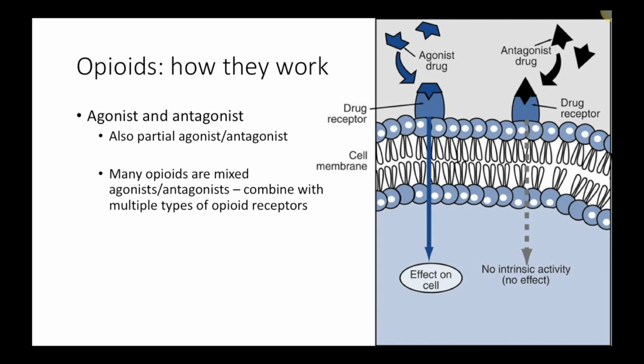It can take up a ton of the available opioid receptors, plug itself in, and have no effect. So instead of morphine continuously connecting to the receptors and creating this huge effect, naloxone is now taking up those receptors and nulling the effect of the opioid itself. And we'll talk about naloxone again.